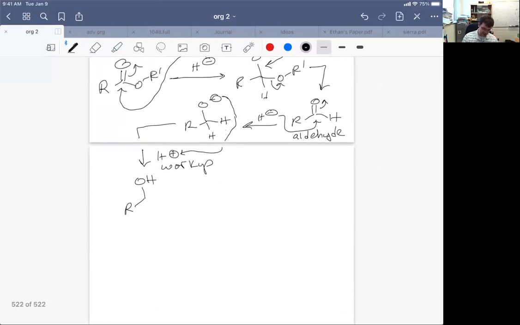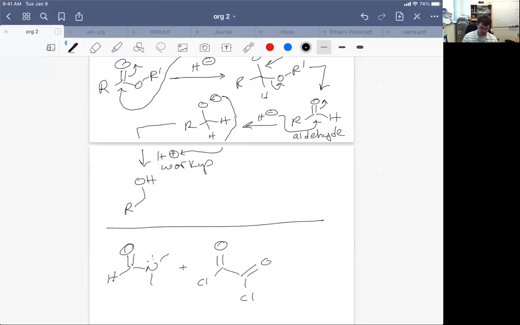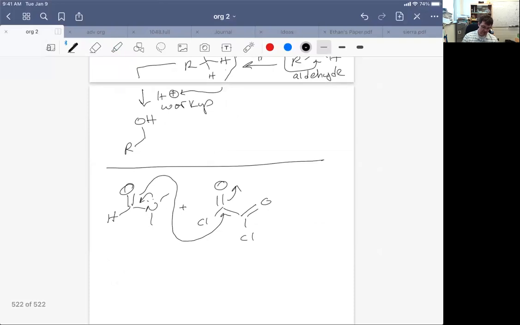Just to re-emphasize one of my favorite reactions, we've talked about this before, but if you treat an amide with something like an acid halide, you can do a cool reaction where the oxygen adds to the acid chloride. Now this is a weird acid chloride. This is oxalyl chloride.